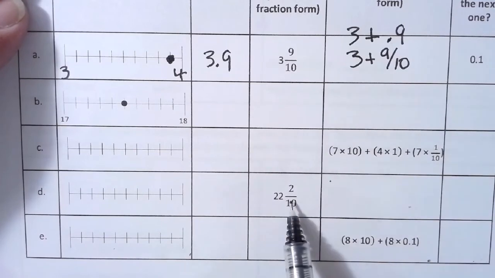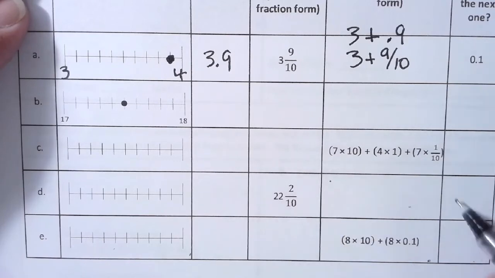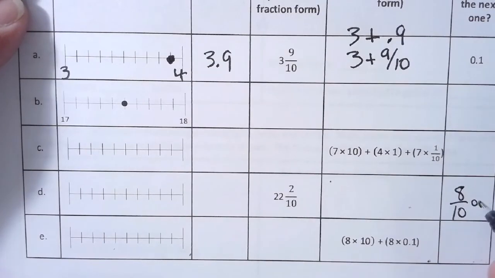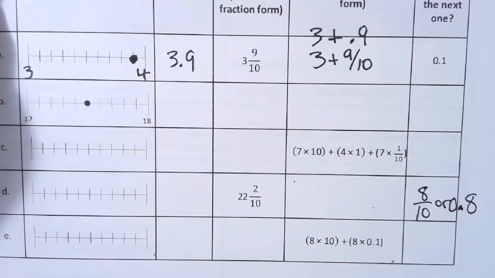So how many more tenths do I need to add to 2/10 to get another whole number? Well, 2 plus 8 is 10. I'm trying to make 10 over 10. So all I need is 8/10 or 0.8. Okay? Of course, they're putting their 0 on there. You could put 0.8 if you want to.